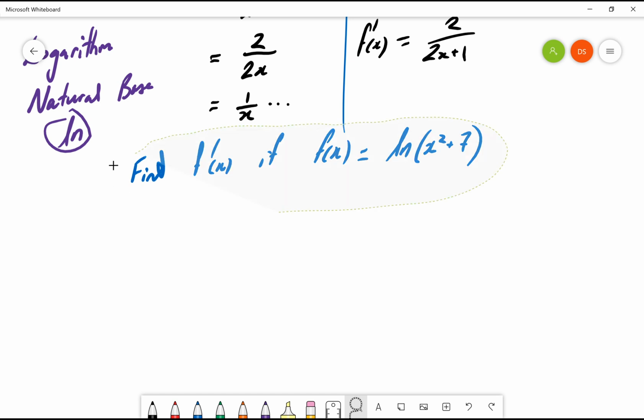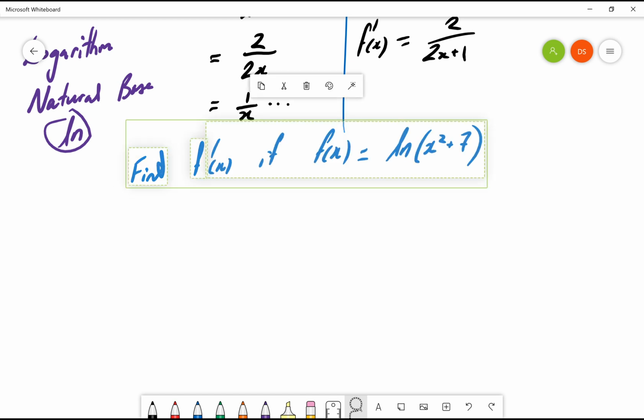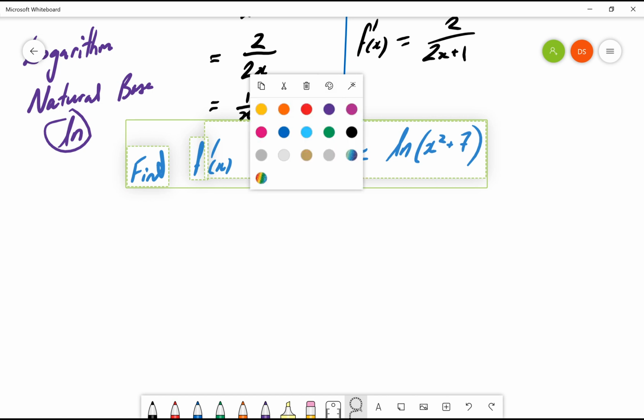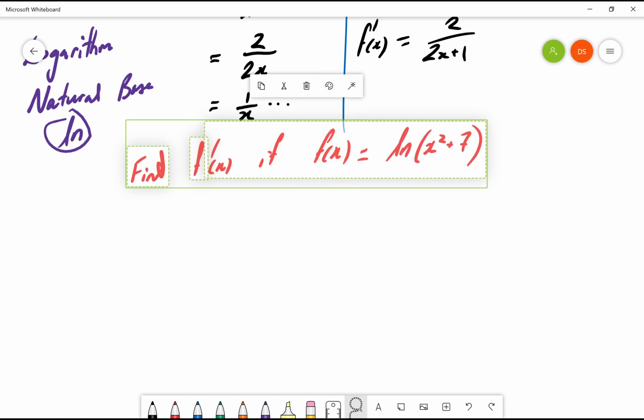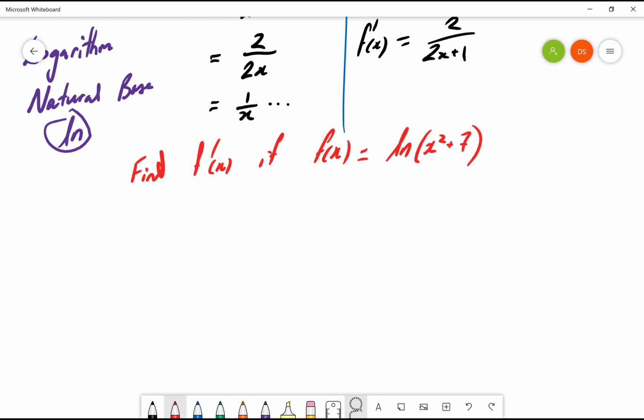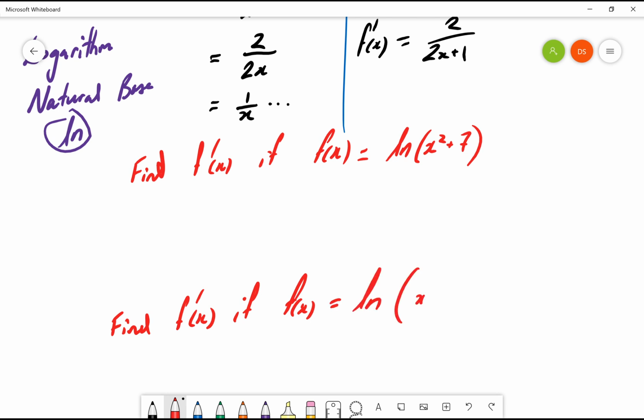I'll leave this for you to do for a second, and then I will give it a go. And in fact, I'm going to put another one down here as well. If f of x... okay, let's see if we can make these work. Right, those two questions are for us to do.